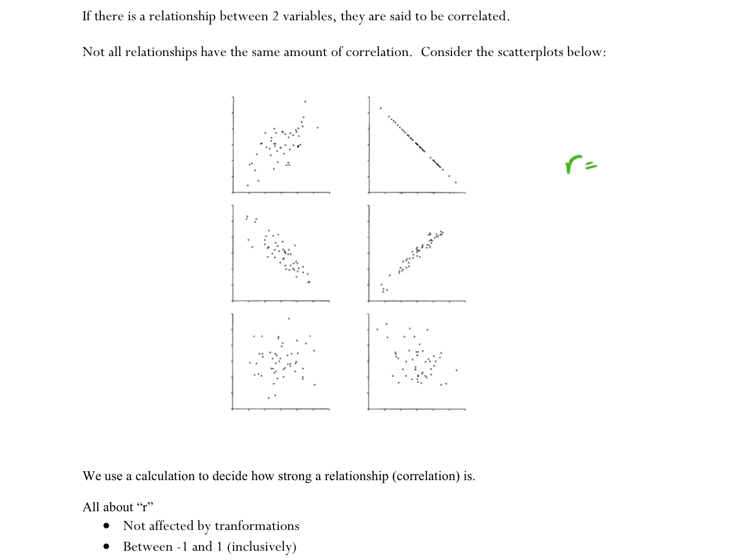All right. So to measure this, we have a value called R. And R is what we call our correlation coefficient. And some things about R. It's always between -1 and 1.